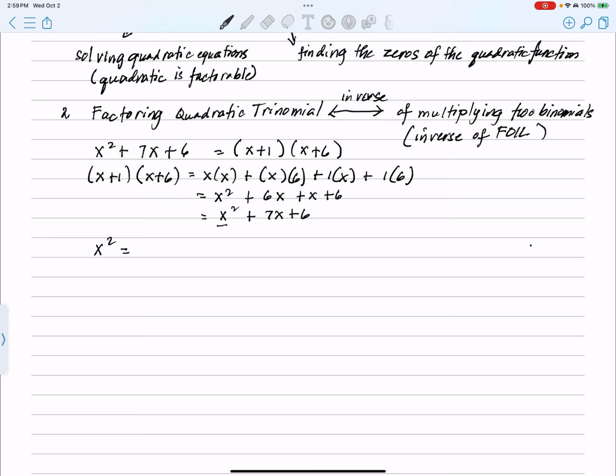That means x squared is the product of the first terms. How about 6, the last term? It's also the product of the two last terms of the binomials. So 6 is the product of the two last terms.